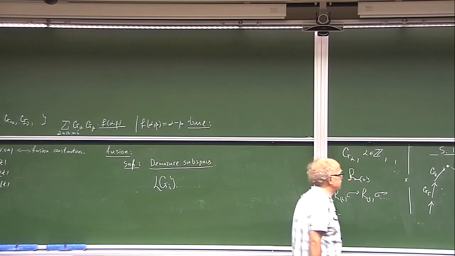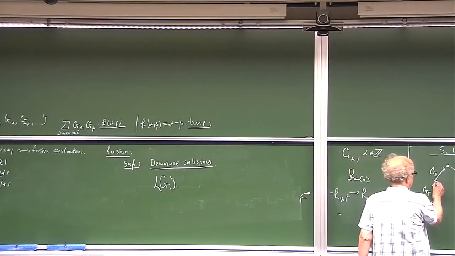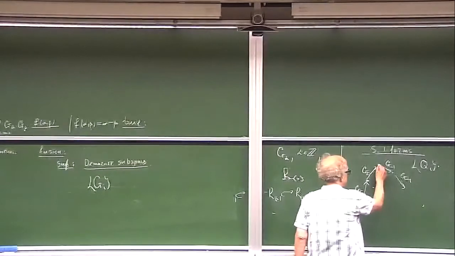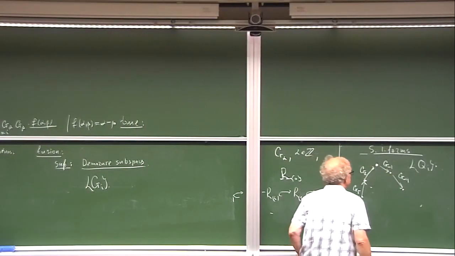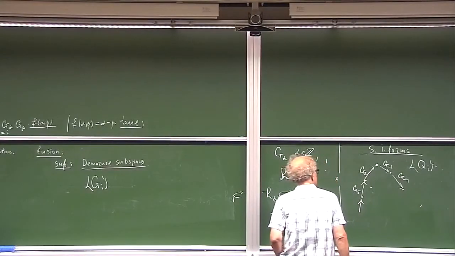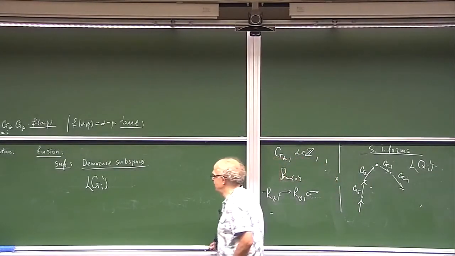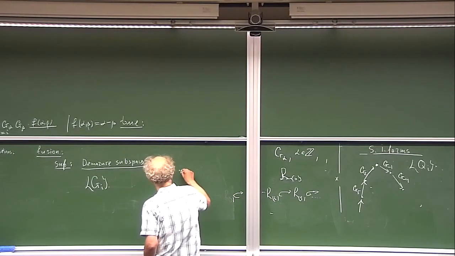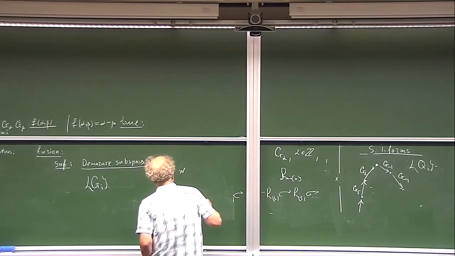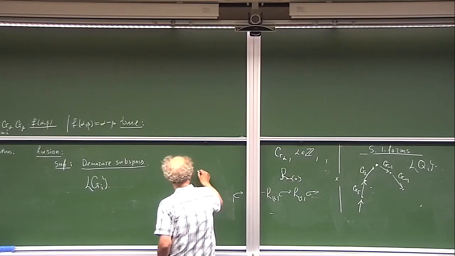I explained that in this space we have extremal vectors. They are like this. And how are the de Mazur sub-representations defined? I take some extremal vector W. W can be one of these extremal vectors.